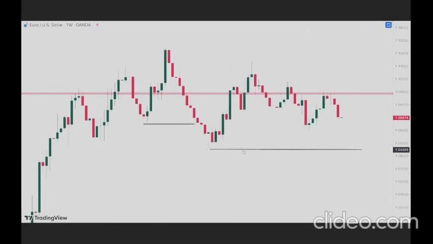This is our expectation, because it managed to break here, so we expect it to break here, because the market has shifted this trend to downtrend.